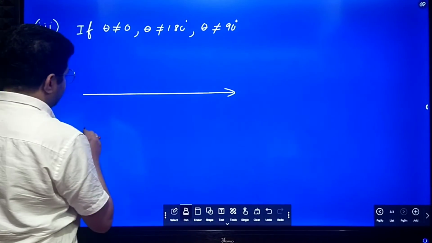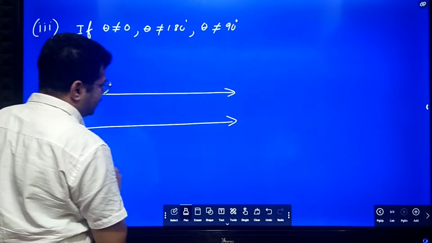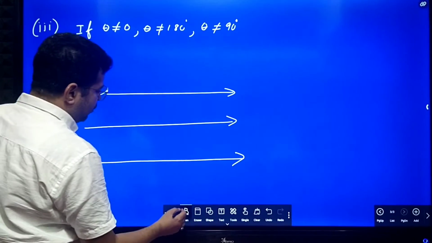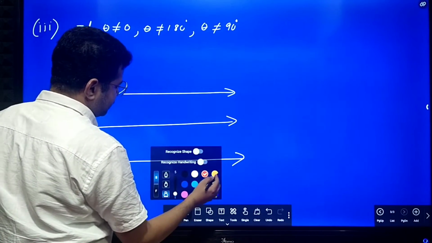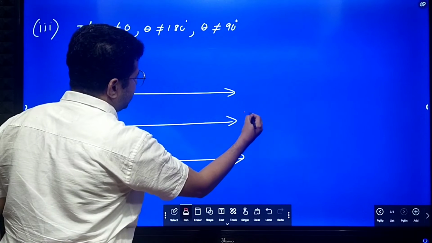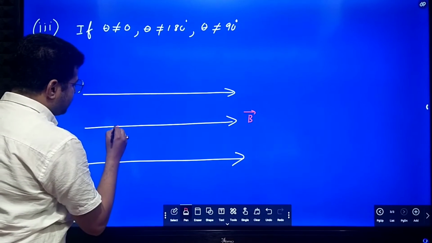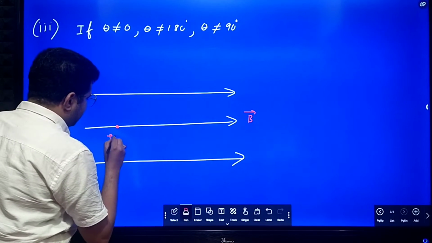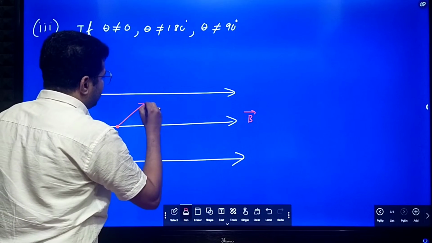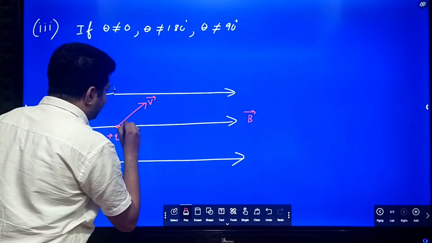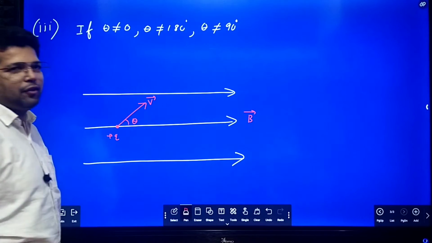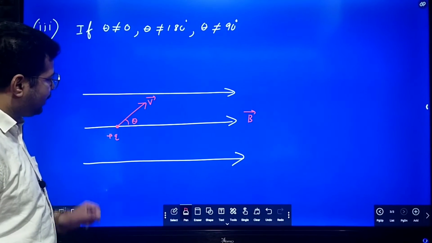Say I have considered a uniform magnetic field. This is the uniform magnetic field. Now let us suppose that a charged particle plus q is fired with a velocity v, which is making an angle theta with the direction of magnetic field. Now what happens?